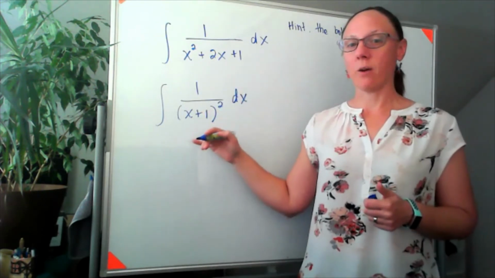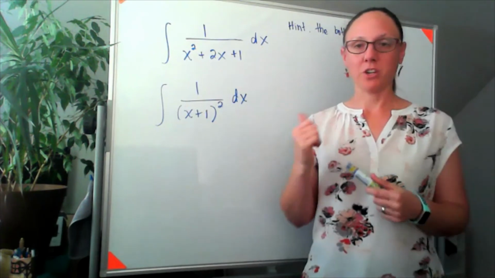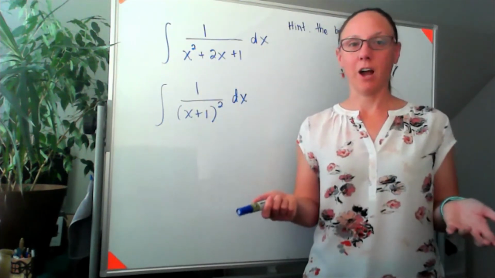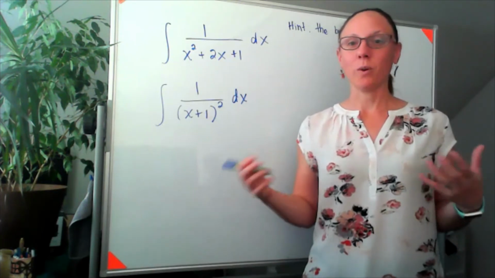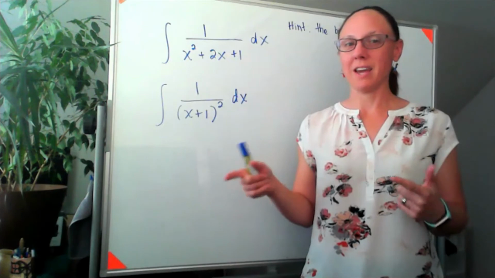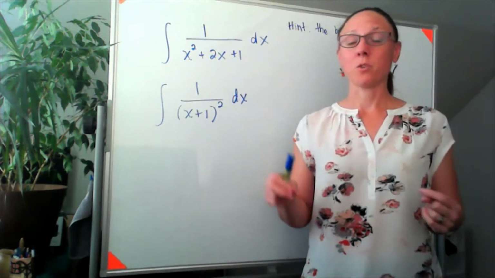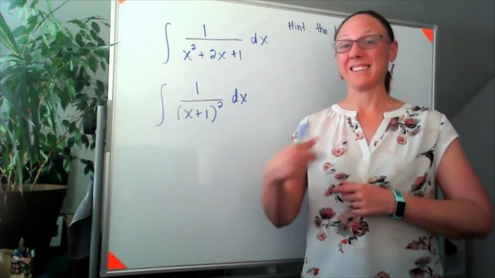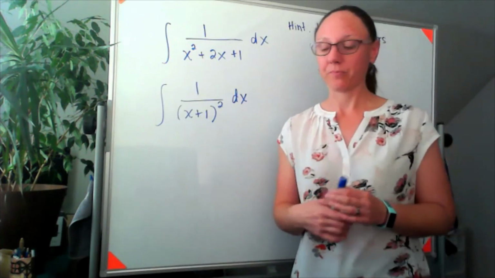Two options for how we get through this. Option 1 is we actually write out a u substitution. Option 2 is we kind of recognize what the u substitution is going to be and do it in our head. So I'm going to write out the u substitution the first time, though I'll be honest, that's not the way I would do the problem.